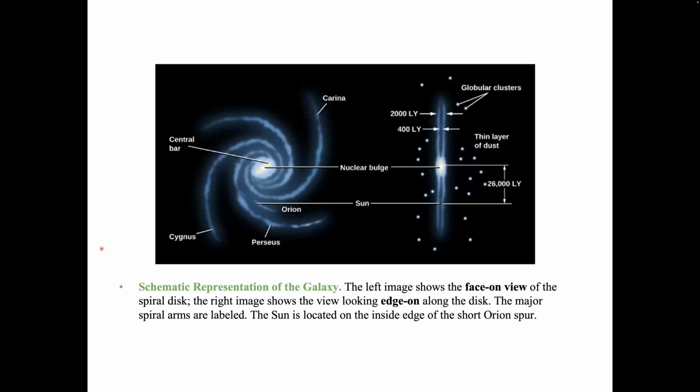This is a schematic representation of our galaxy. You can see that there are two representations. This type is called the face-on view of the galaxy, and this type is called the edge-on view. Face-on means you go up and look at it, like looking at several locations of the earth from a drone camera.